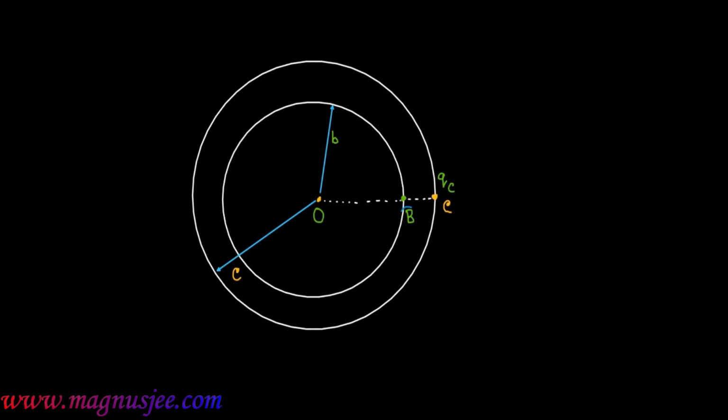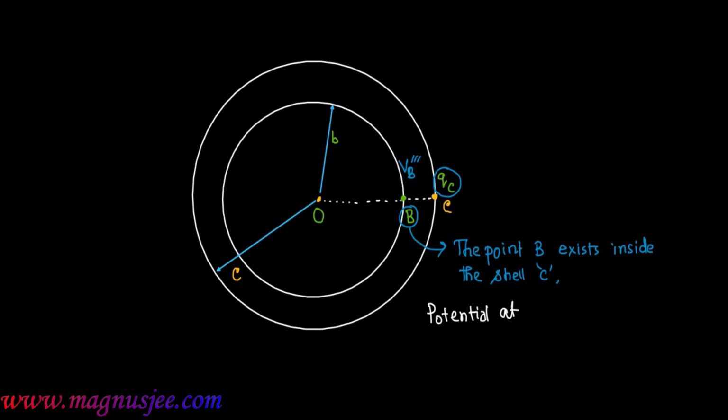And again here we can consider the diagram, that is the point B. We have to find the potential at the point B, that is VB triple prime, due to the charge QC. The point B exists inside the shell C. That's why the potential at B, meaning potential at a point inside the shell C, will be equal to the potential at every point on the surface of the shell.